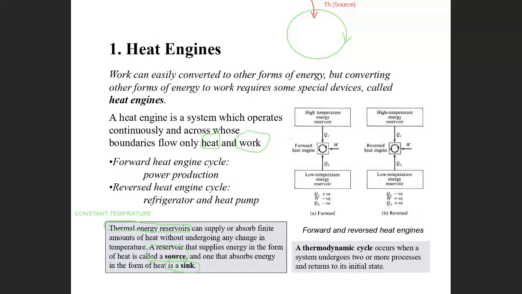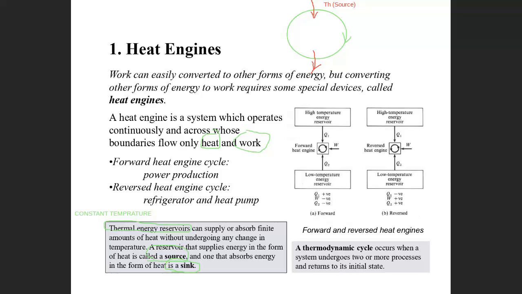Then let's have a look at the forward heat engine. As we remember, according to the second law, when there is any energy conversion, some energy will be degraded to a lower energy value.